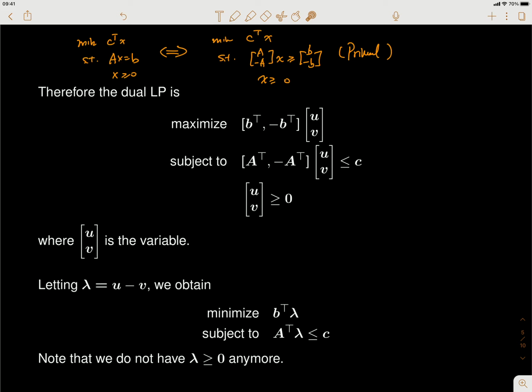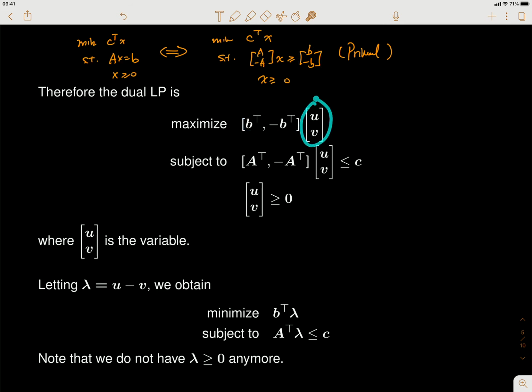The reason is that there is one variable corresponding to the b part and another corresponding to the negative b part, so I call these two parts u and v respectively. Now, when I switch these two, the objective function becomes b and negative b, so it's just a transpose of this.